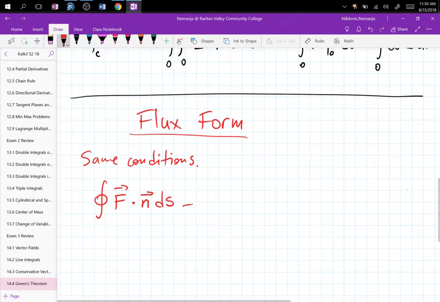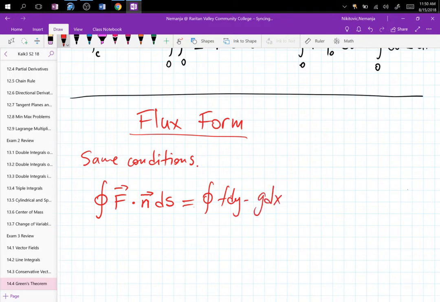It is going to be now the integral of divergence. So we have f dy minus g dx, and we have the divergence. So again, we have the region R for the double integral, which could be rectangular, general, or polar. And we have our good old partial f, partial x, plus partial g, partial y for dA.